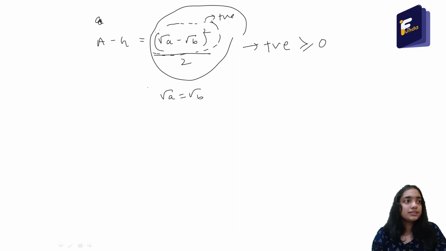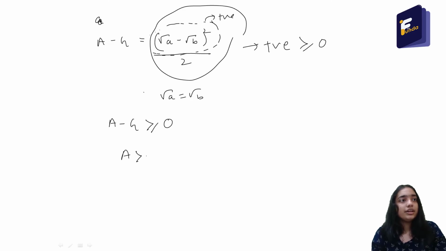Now that means a minus g is greater than or equal to 0. Just by rearranging it, a is greater than or equal to g. Now a is our arithmetic mean and g is our geometric mean.